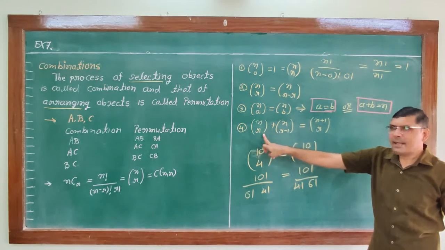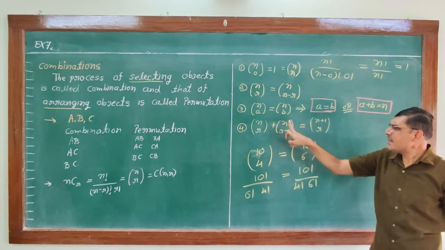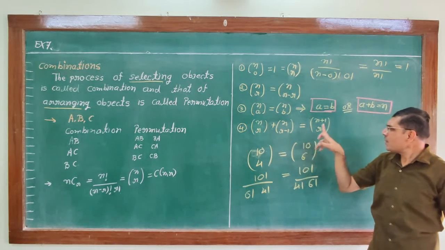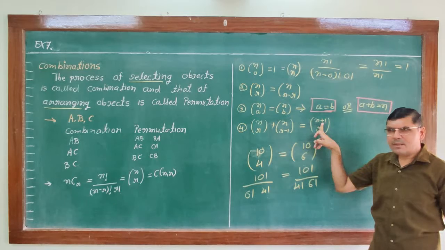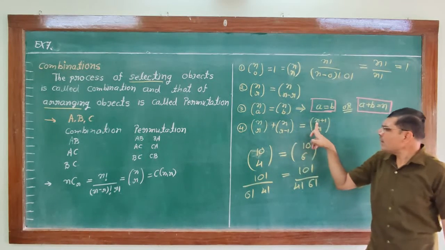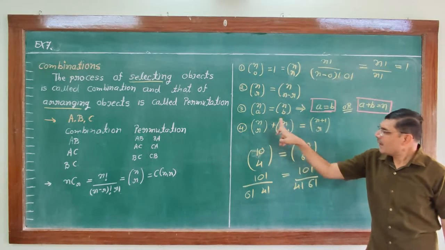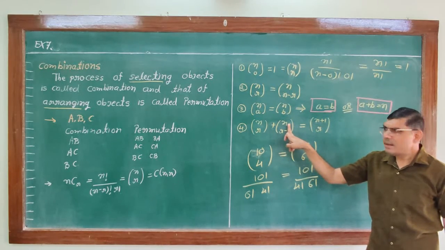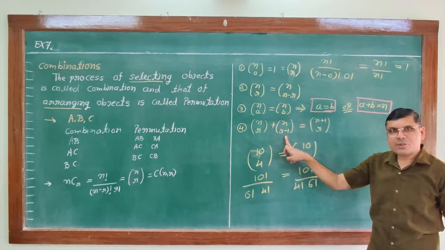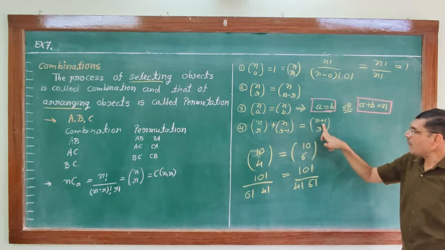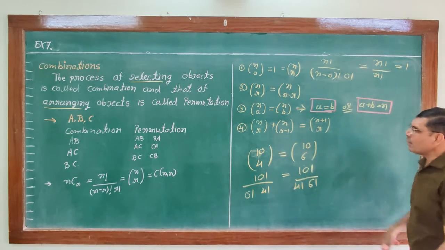Then nCr plus nC(r minus 1) is equal to (n plus 1)Cr. 1 you have to add to n here. nCr plus nC(r minus 1) is equal to (n plus 1)Cr. What does it mean?